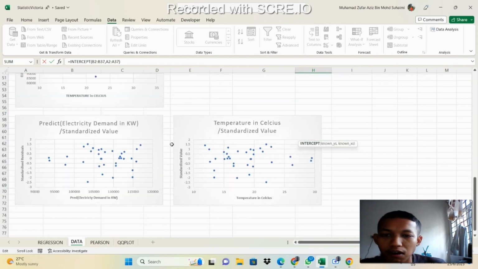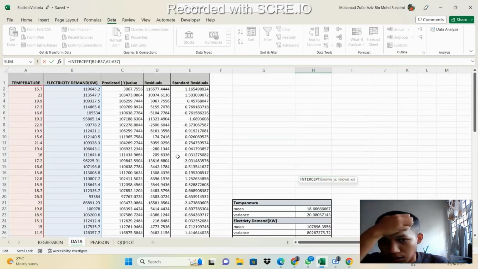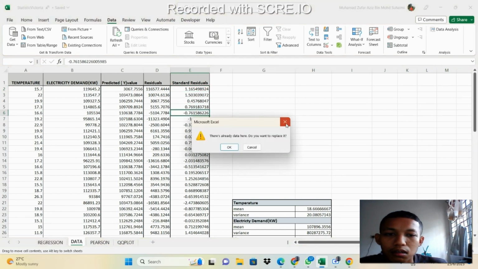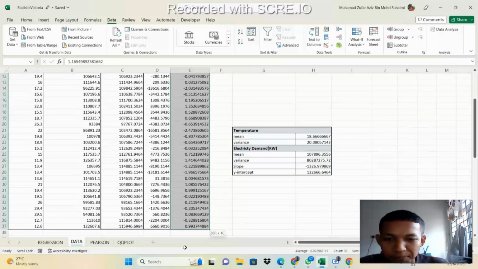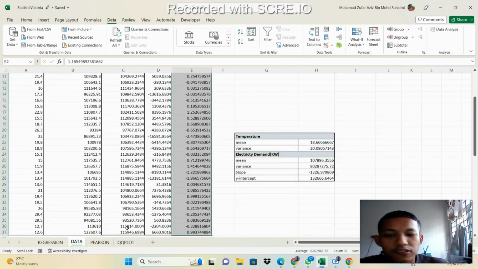So this is the graph. In order to get this graph, it is straightforward: just drag the data above, then press the control key. For example, I'm going to show the printable.